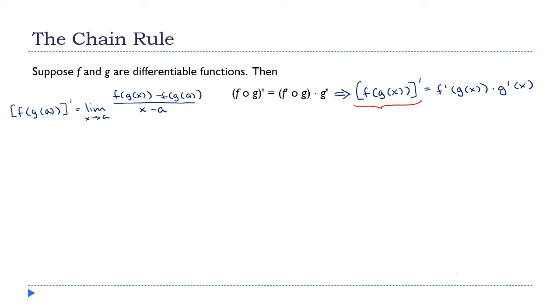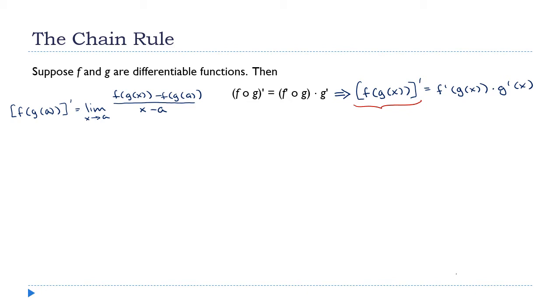Okay, so here's what I'm going to do. Assume for just a minute that there is a neighborhood of a inside of which g of x never actually equals g of a. In other words, g of x minus g of a is never equal to 0.